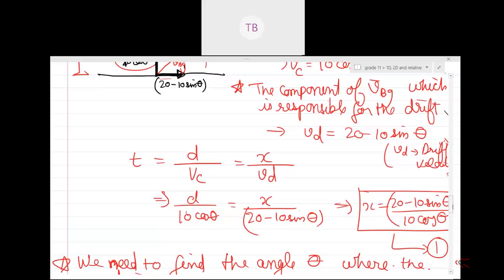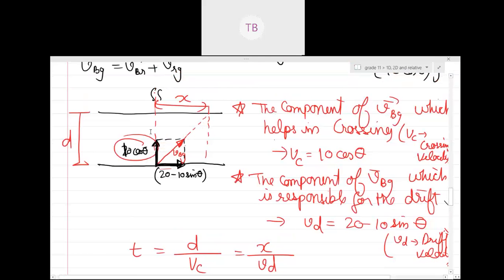vc is basically the crossing velocity and vd is basically the drift velocity. So could you scroll the diagram? This velocity which is perpendicular to the bank, perpendicular to the river bank, was basically the crossing velocity, and the one which is parallel to it is basically the drift velocity.